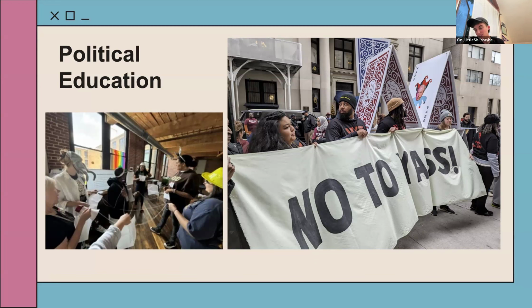And so a great example of this is the All Eyes on Yass campaign. Yass being Y-A-S-S, Jeffrey Yass, a billionaire in Pennsylvania of TikTok fame.